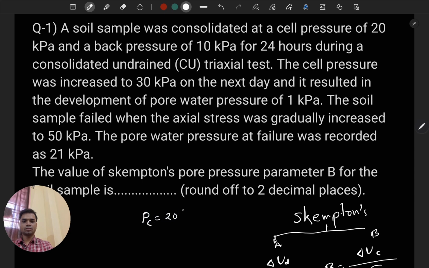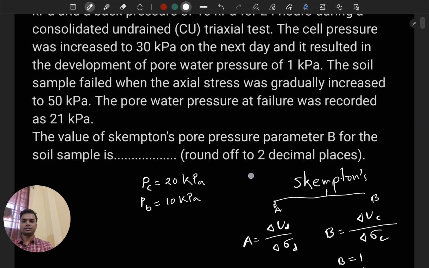is equal to 20 kilopascal, and the back pressure is given as 10 kPa.